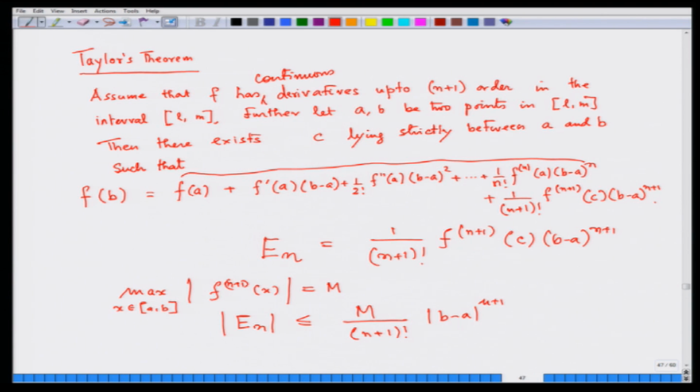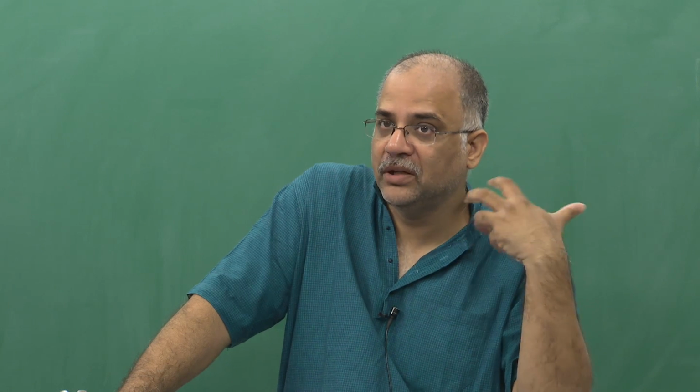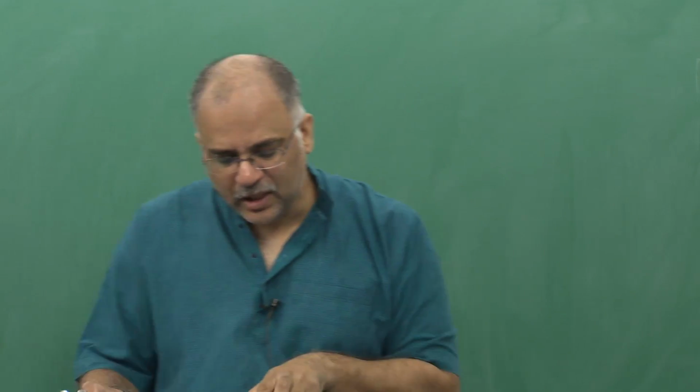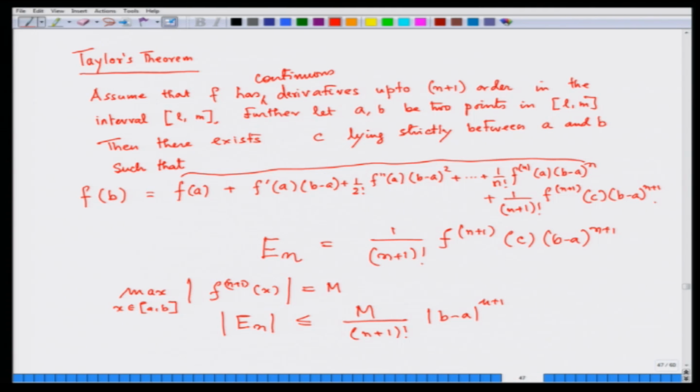So as n becomes bigger, your approximations become better and better. If b and a are very close to each other, then by increasing the degree of the approximation, n plus 1, n plus 2, as you make n higher and higher, your functional values become closer and closer, and that is the key idea about Taylor's theorem.